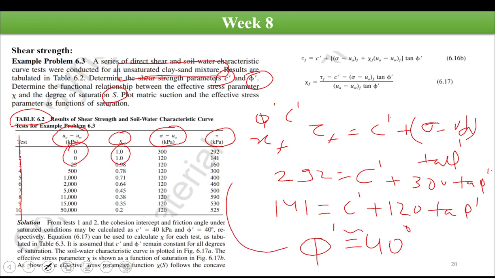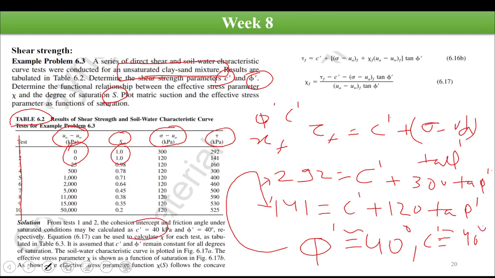You put this value in any of these two equations, and we'll obtain the value of c. So let's say we put it in the second equation, then we obtain c dash is equal to 141 minus 120 multiplied by tan 40 degrees. So it gives you the value of c dash as 39.3.